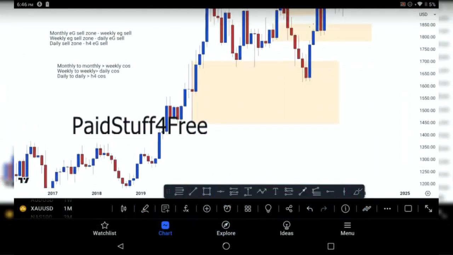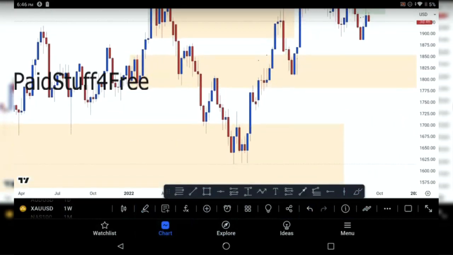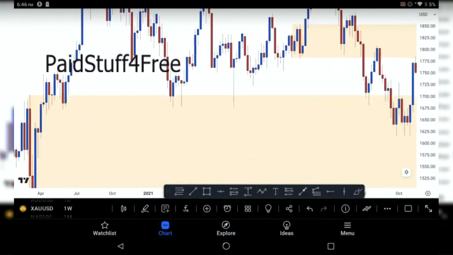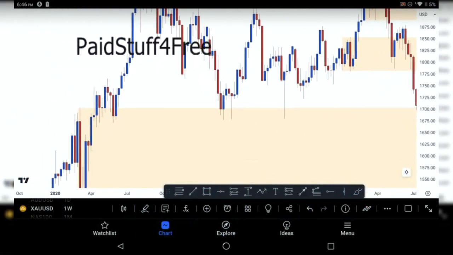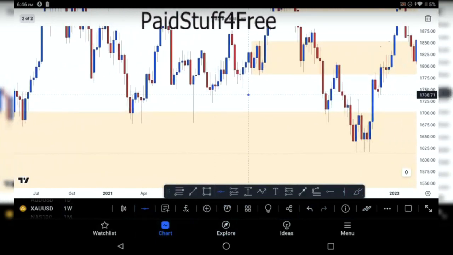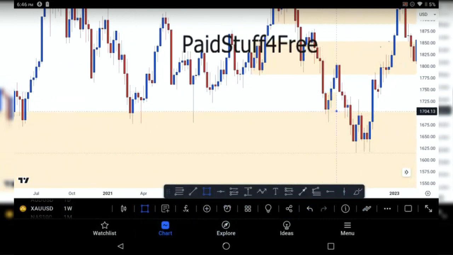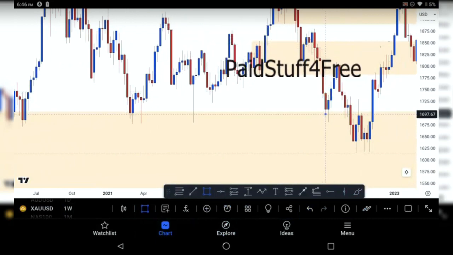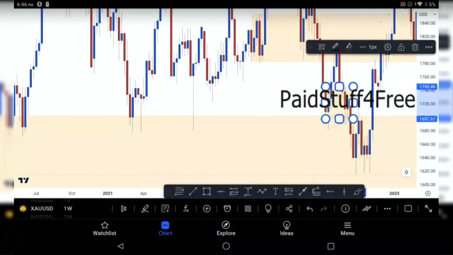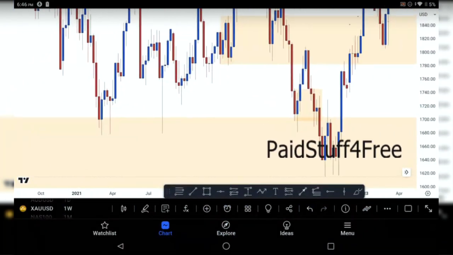So I go down to weekly since that market closed there. Now look at this. Was there a weekly engulfing buy that has formed? This is when price stopped. Yes, there was a weekly engulfing buy. But was there a weekly change of storyline?